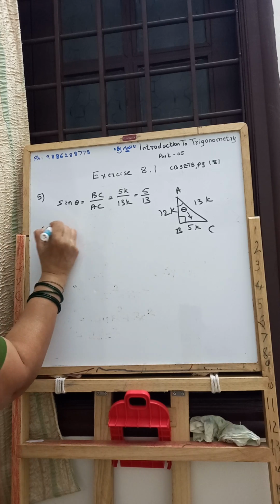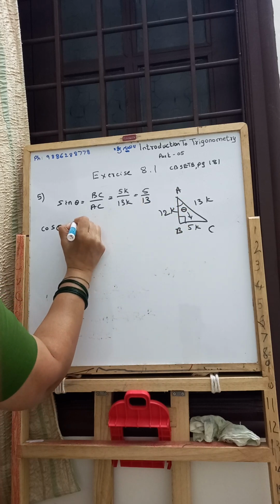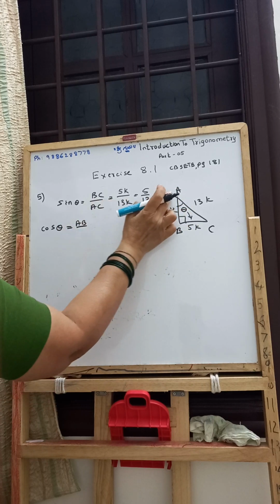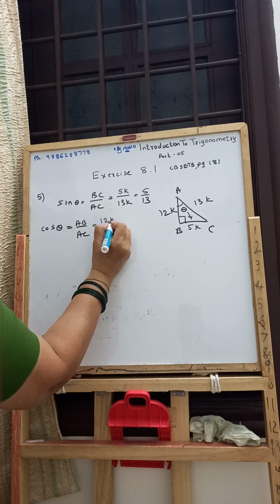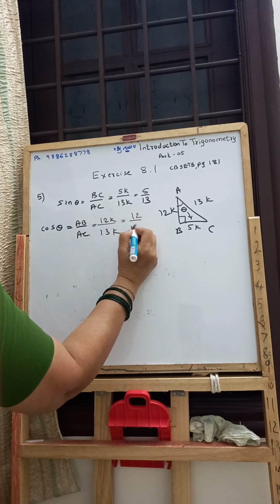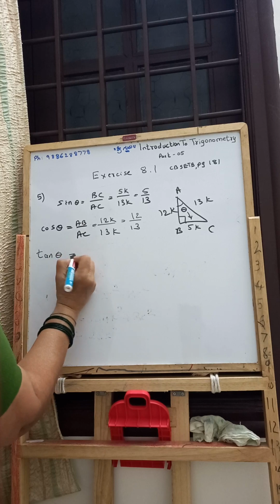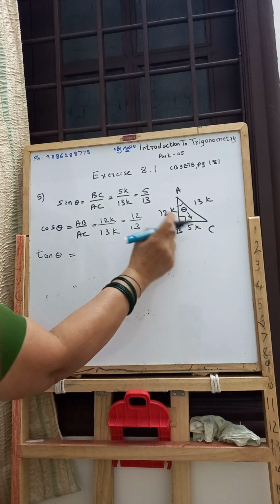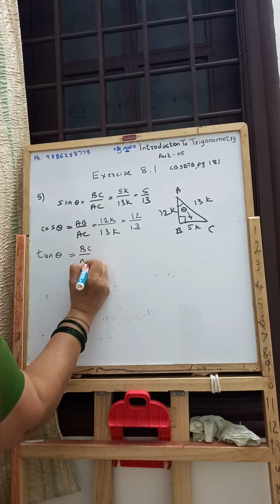Cos theta is equal to adjacent side AB upon hypotenuse AC. This is equal to 12K divided by 13K. This is 12 upon 13. Now tan theta. Tan theta is opposite side upon adjacent side, BC upon AB.